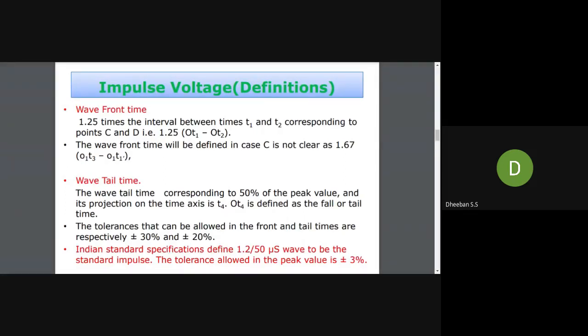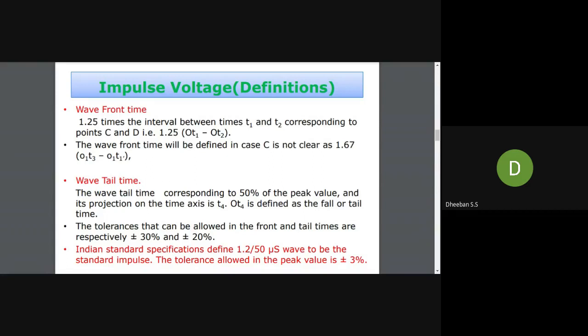Based upon these standards only, these are the standards which define the ratings. For example, according to your Indian standard, your power frequency will be around 50 Hz. But as per the IEEE standard USA, your power frequency level will be 60 Hz. So there are some standards for which the waveforms or some quantity will be defined.